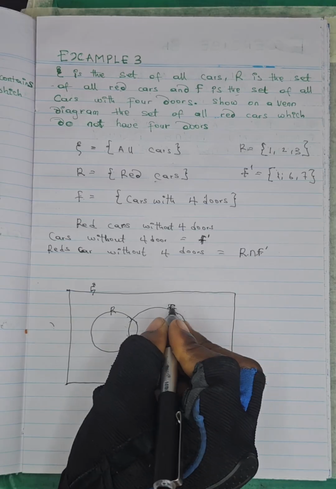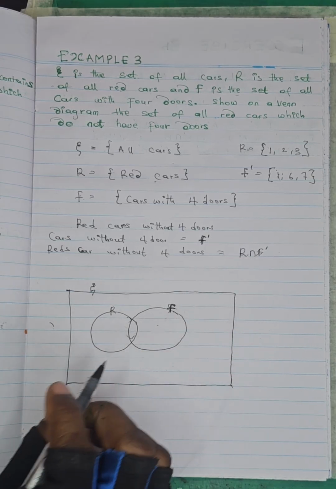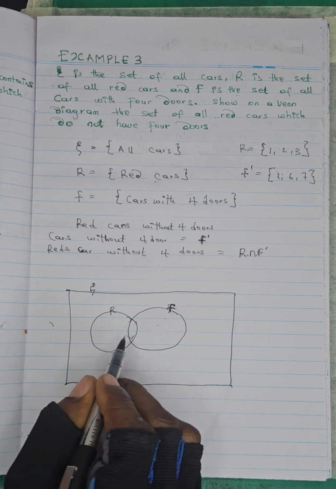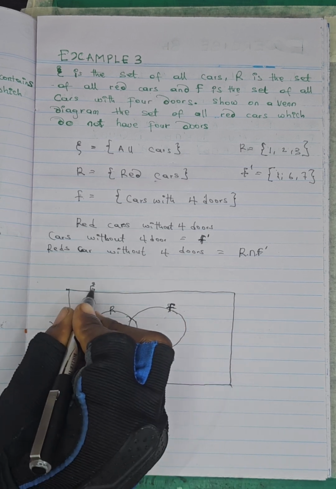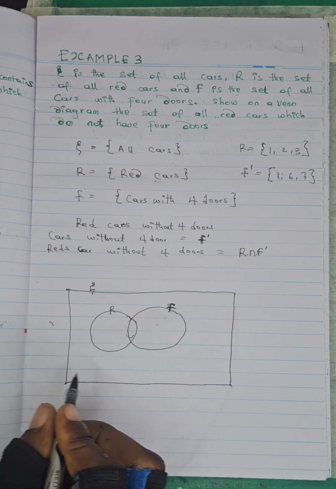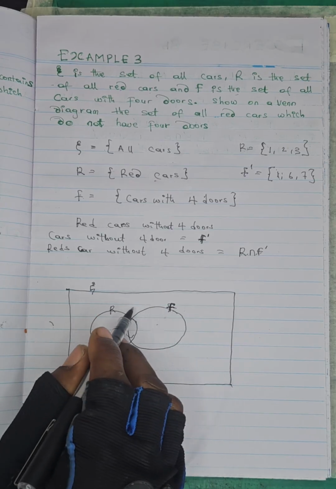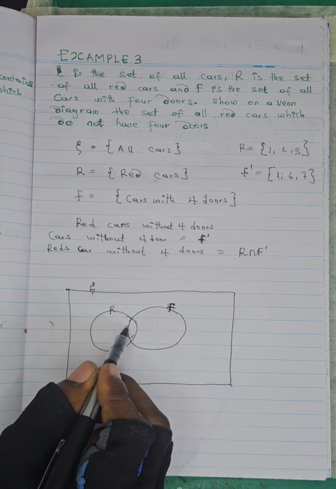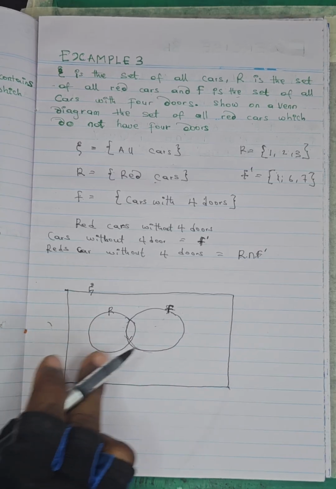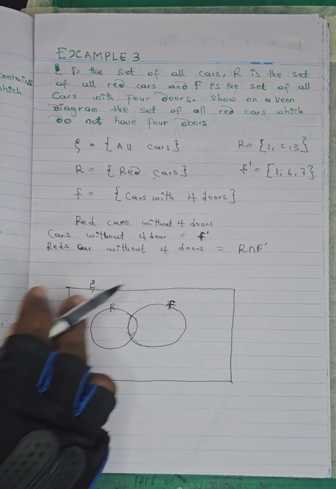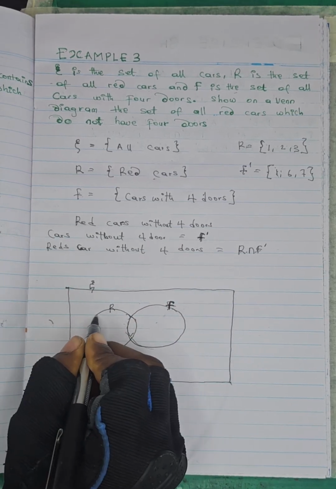Now what we are trying to get is R intersection F complement, sorry, F complement, I need to say. So I'm going to explain it. F complement intersection R. Because this is a universal set, the complement of F will be everything outside this circle, which represents F. Let's say all the red cars are represented by a horizontal line.